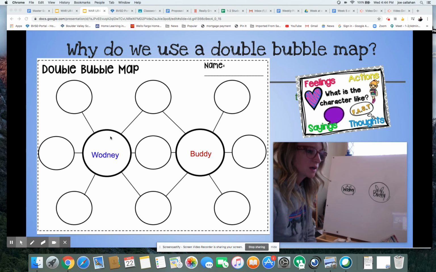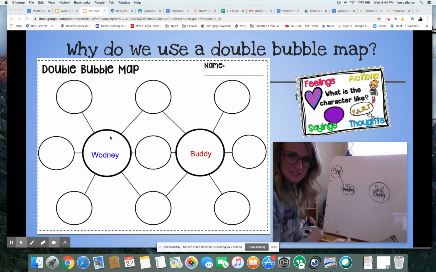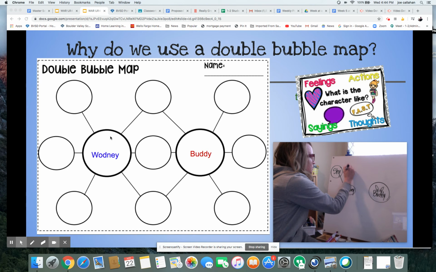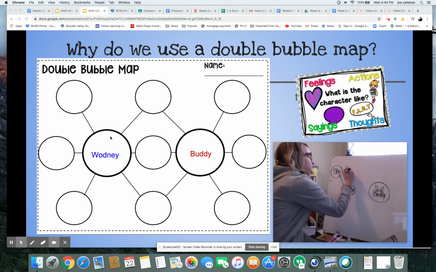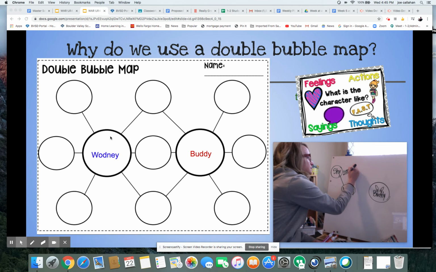I would describe Wadney as shy. He doesn't want to talk when he notices that he sounds different. So remember, my text evidence, how I know what I know, goes outside the bubble. My describing words, my character traits, and my adjectives go in the bubble.